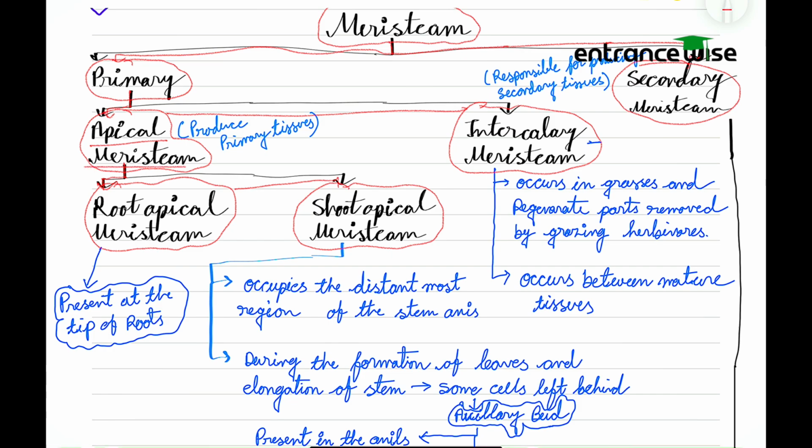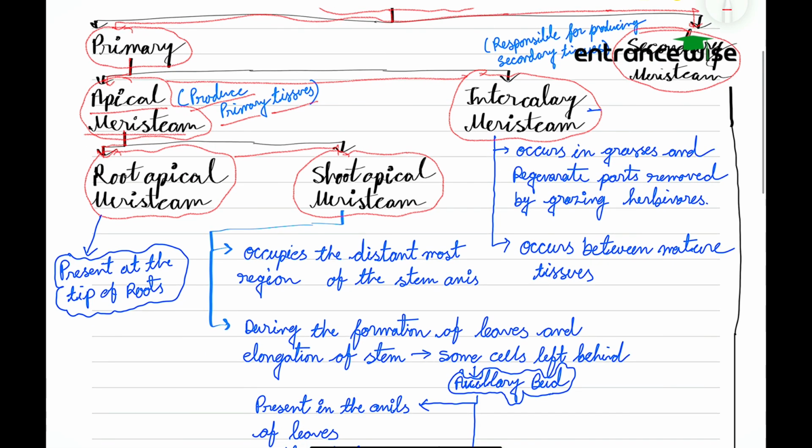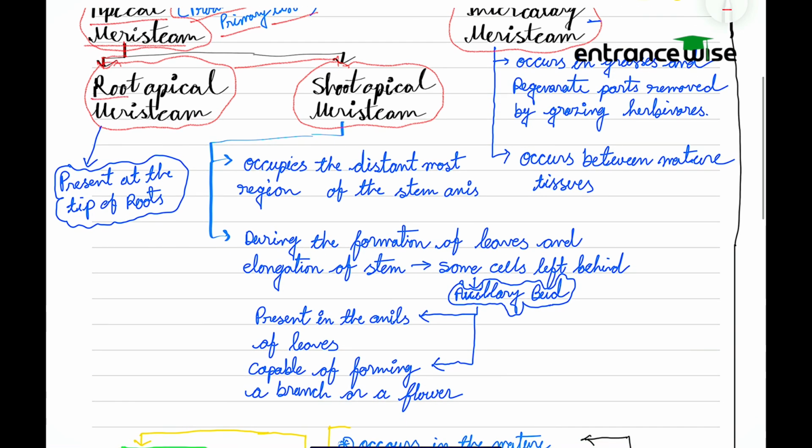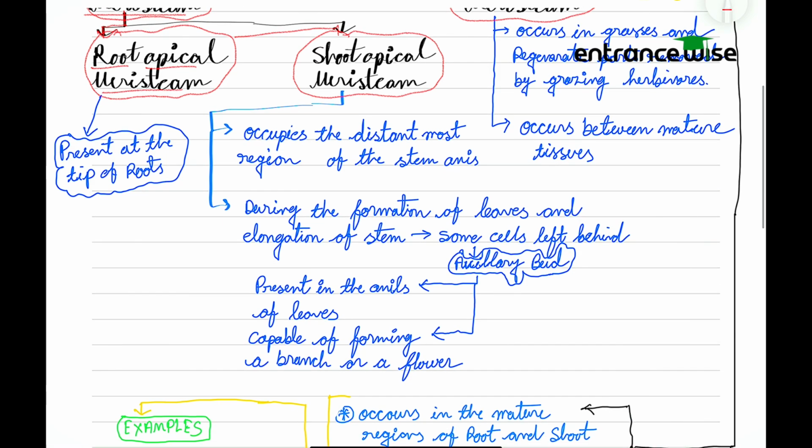The apical meristem is the meristem responsible for the production of primary tissues. It helps the plant to grow at the earlier stage of its life. The root apical meristem is present at the tip of roots.